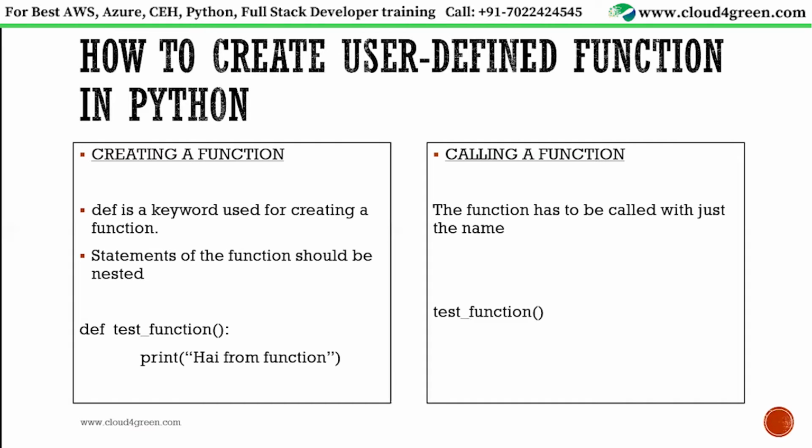Immediately after the def keyword, follow it with a space and the name of the function. The name of the function in this example is test_function. Since I'm talking about creating a function, you should put the parentheses here, because this is what differentiates a function. Then give a colon, indent the statement, and write the entire function body for that specific function.